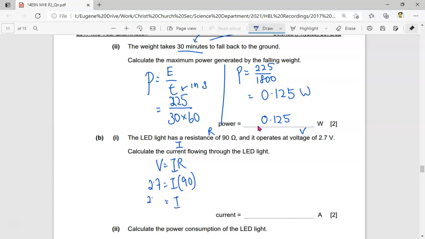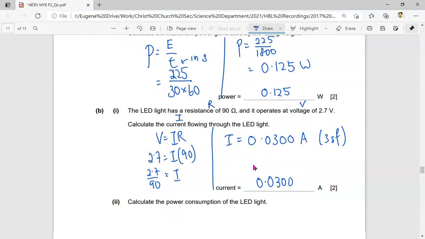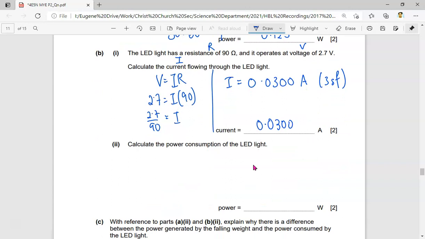Therefore, I is equal to 2.7 divided by 90. So I is equal to 0.0300 ampere. This is in 3SF. So 0.0300 ampere.